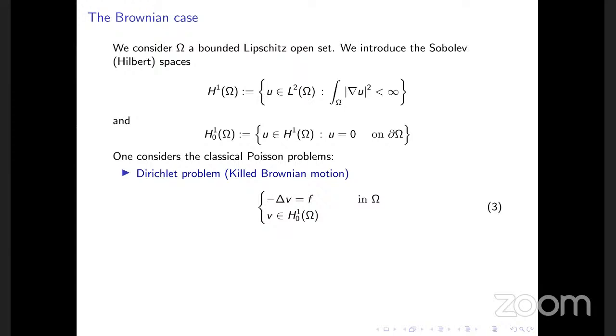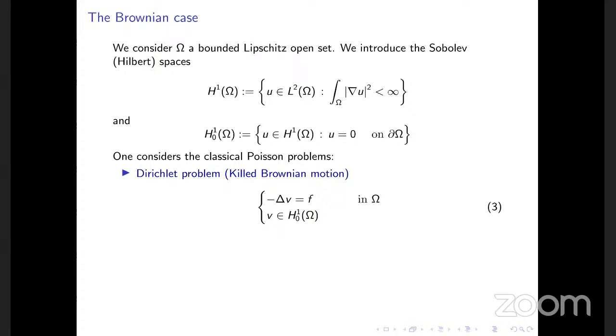So this is somehow the operator that comes with the Dirichlet boundary conditions, which comes when you kill Brownian motion at the boundary, which is very possible. But in the case of the fractional Laplacian, we will see that later on.